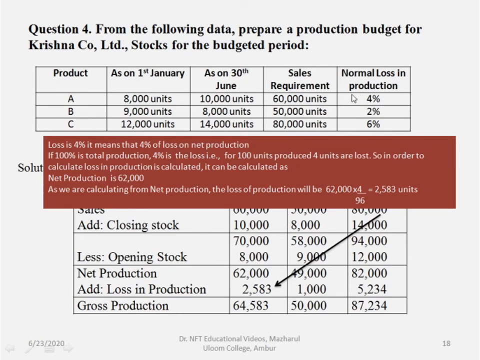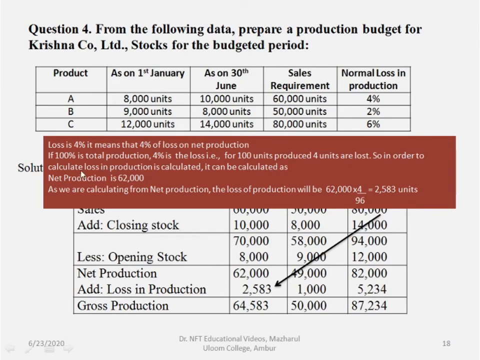Net production is given, so you have to find out the loss. 100% is the total production, and 4% is the loss. For 100 units produced, 4 units are lost.